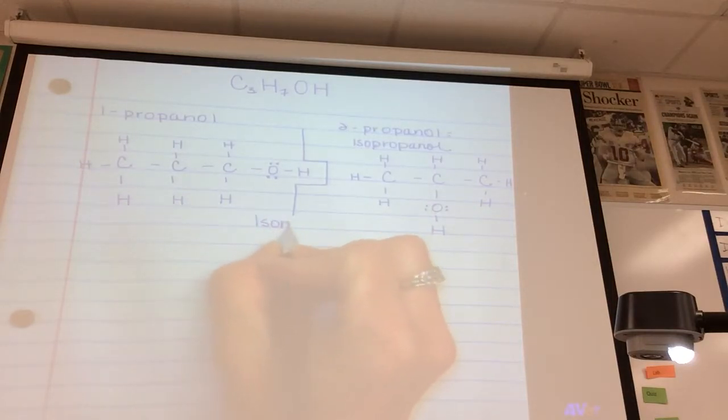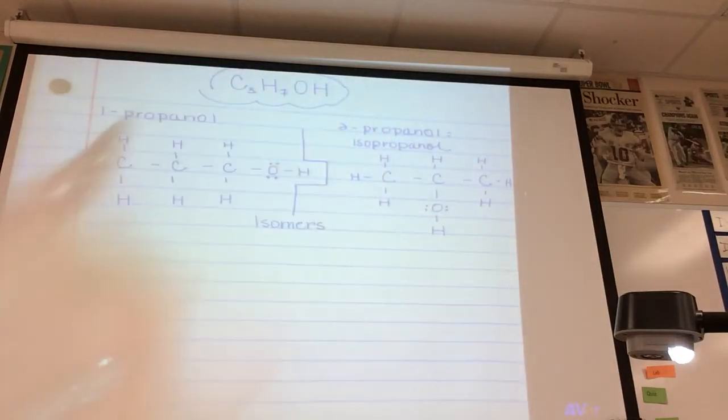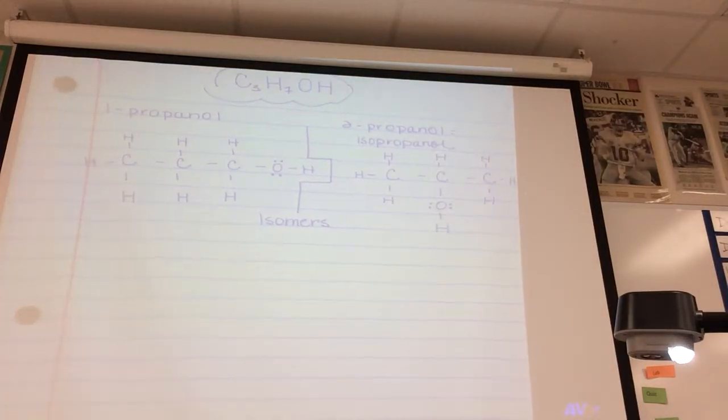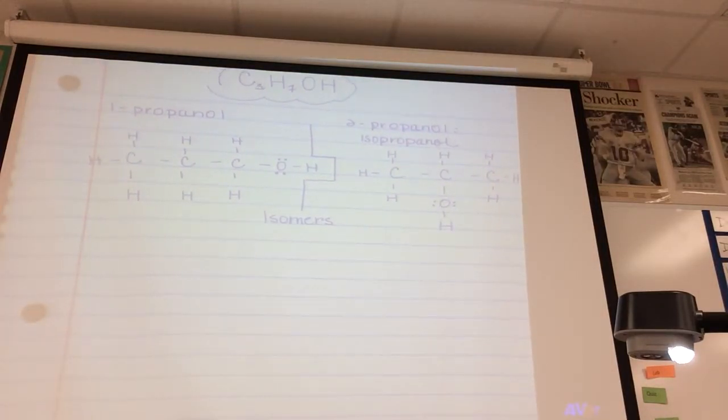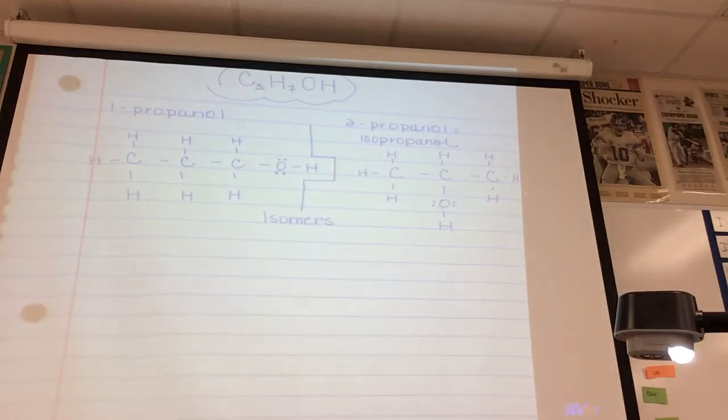You've moved the functional group. Isomers have the same molecular formula, but different structural formulas. You'll be using different percents of isopropanol in the lab when we do liquid chromatography for intermolecular forces.